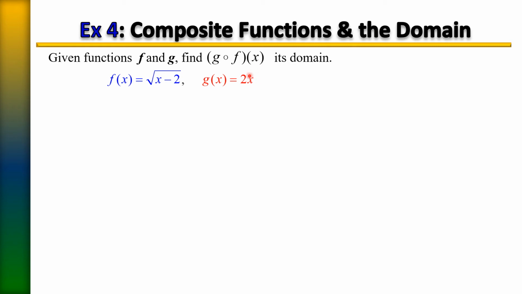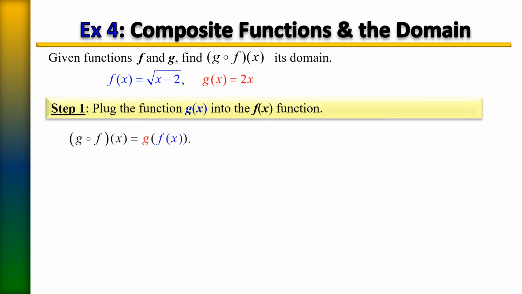We're going to remove the x and replace it with the f of x function, which is square root of x minus 2. When we do so, it's going to look like so. Again, it is placing f of x inside of g of x.